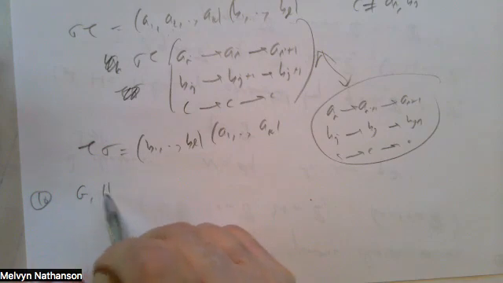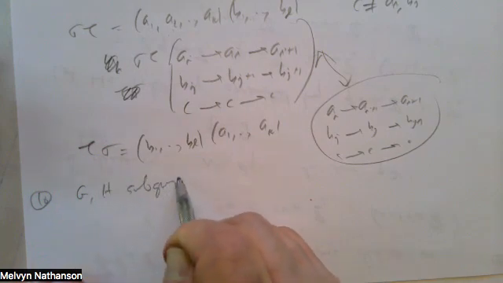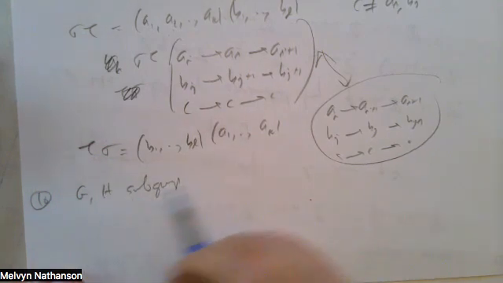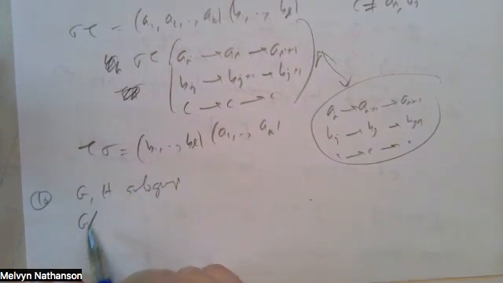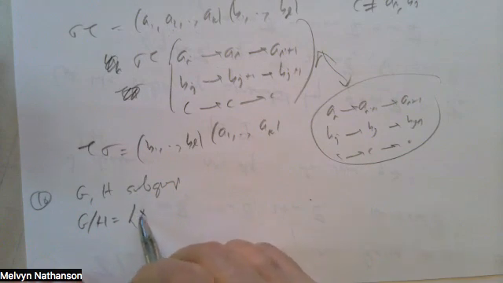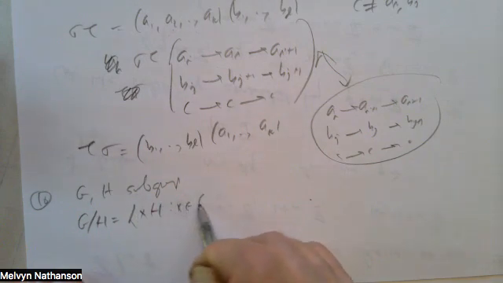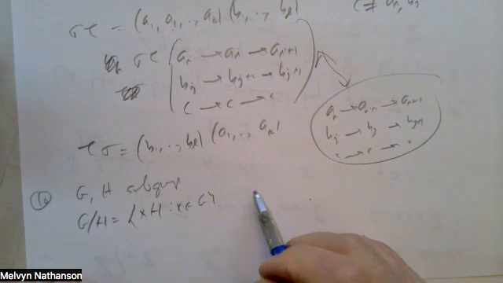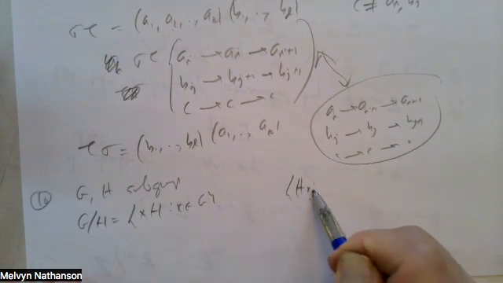So if G is a group and H is a subgroup, remember we defined the set of left cosets G mod H as everything in the form xH, x in G. And I could also look at the set of right cosets.